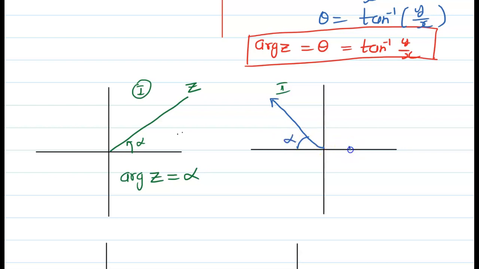Argument z will be measured anti-clockwise as pi minus alpha. So remember, this alpha is the acute angle made with the x-axis, and we are measuring anti-clockwise, so argument z is pi minus alpha.